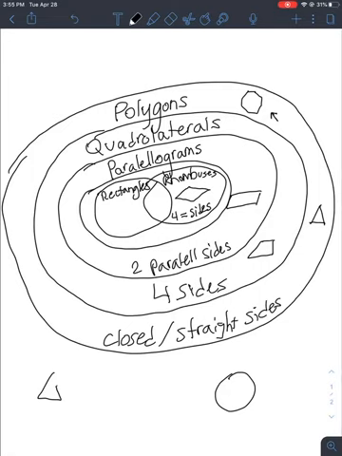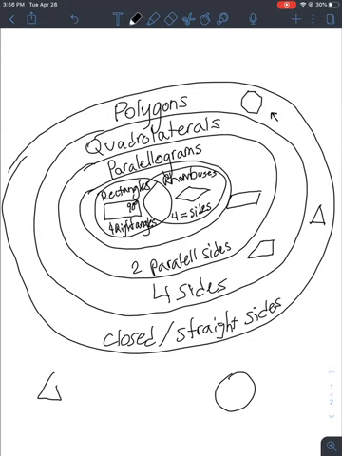So then in addition to, it has to have 4 right angles. So what right angles means is it has to be this corner right here. All 4 corners actually have to be at a 90-degree angle.